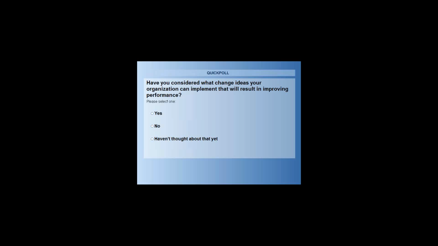Right. All right, I'm going to pop up this poll, and so it looks like most of our crowd today, 84%, have been considering the change ideas. 2%, probably one person, has not, and 14% hadn't really thought about it yet.